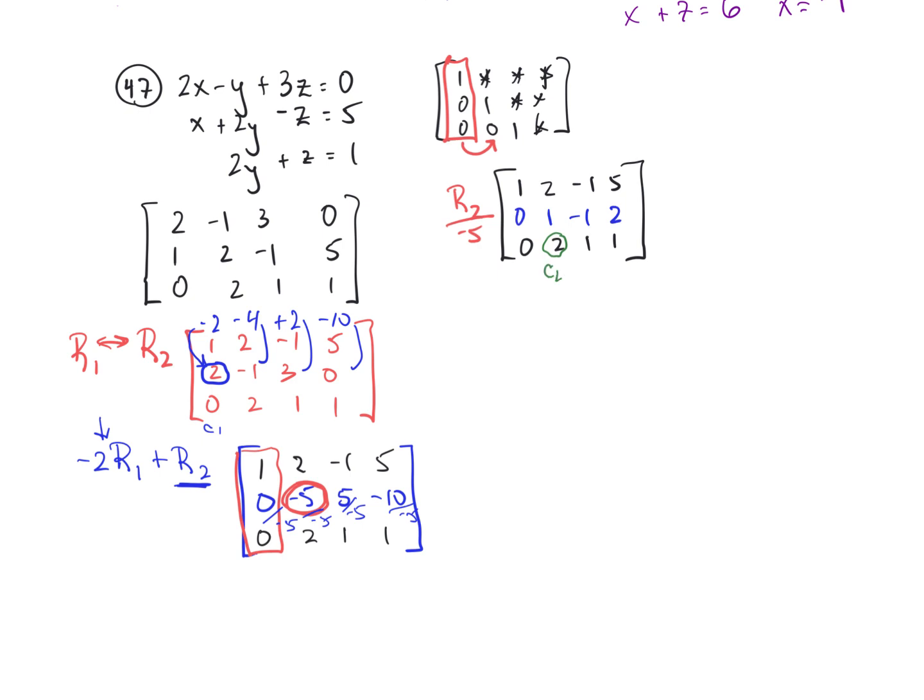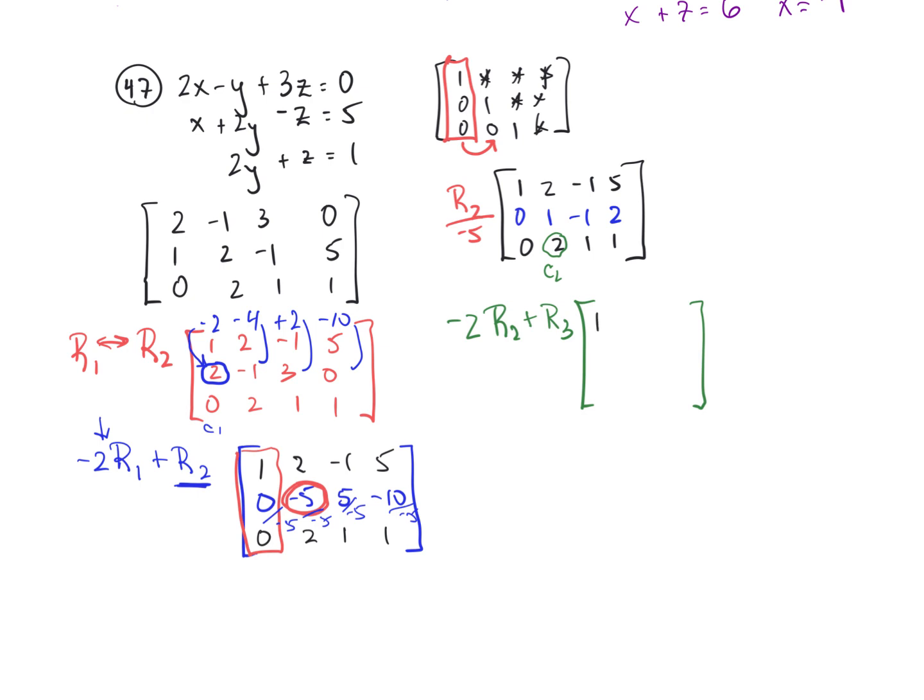Well, this 2 is in column 2, which means I have to multiply by row 2. So I'm going to multiply row 2 by the opposite of what number I have circled. So I'm going to multiply by -2, and then I'm going to add that to row 3, and that will take care of that 2 that we don't want to be there.